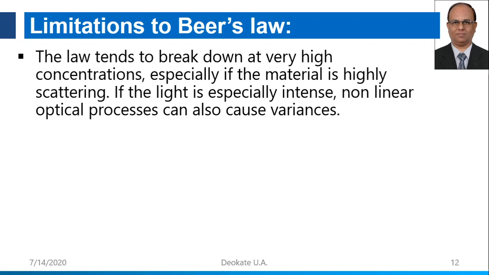Means as the concentration of the absorbing solution increases, the intensity of the transmitted beam should decrease, or absorbance should increase. If the light is especially intense, nonlinear optical processes can also cause variations. So we have to use a specific bandwidth of radiation and monochromatic light for the determination.